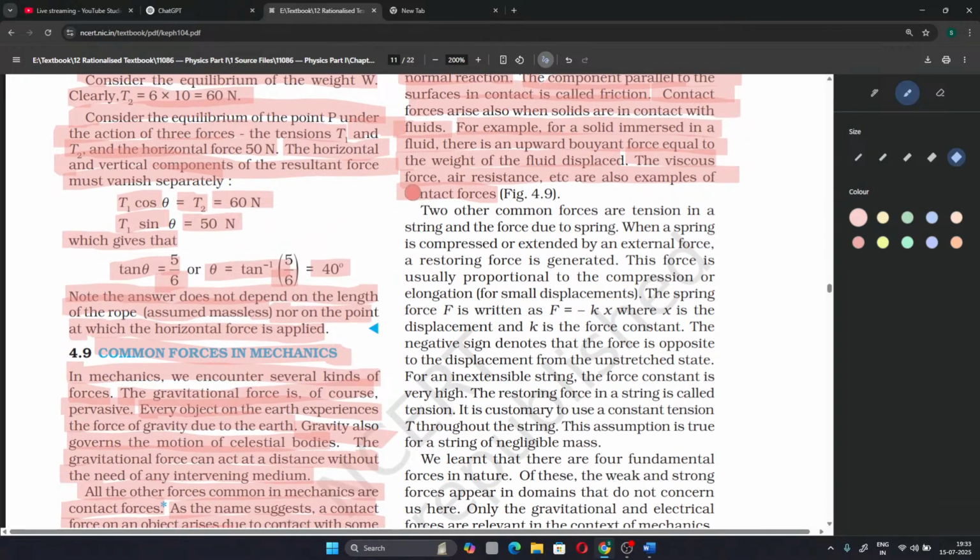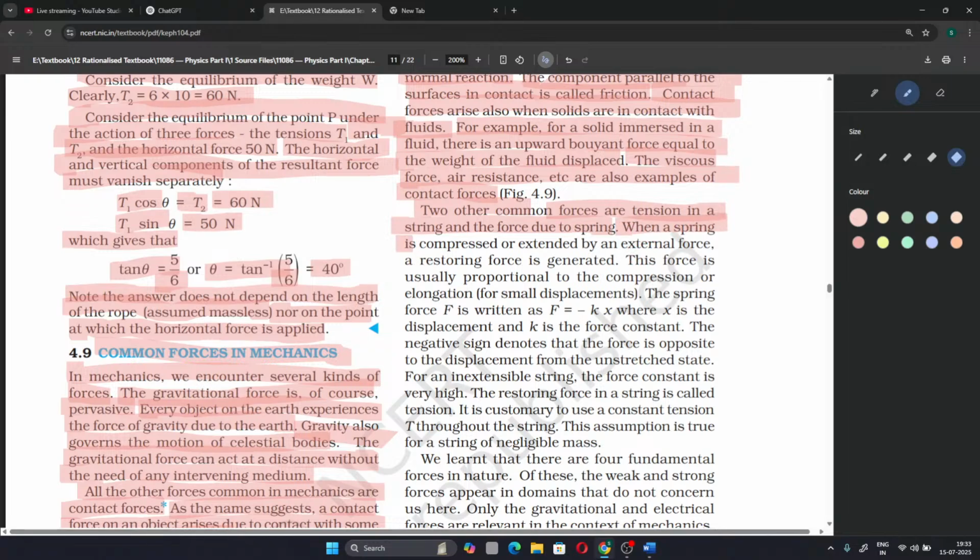Two other common forces are tension in a string and the force due to a spring. Let's read that again. Two other common forces are tension in a string and the force due to a spring.